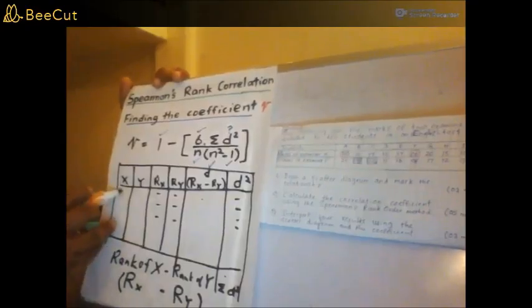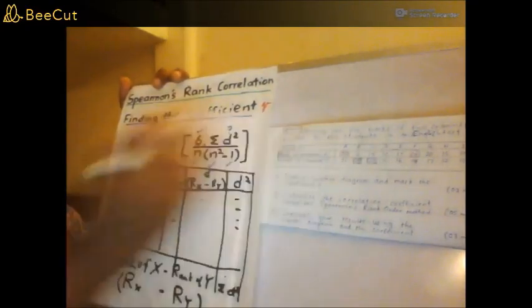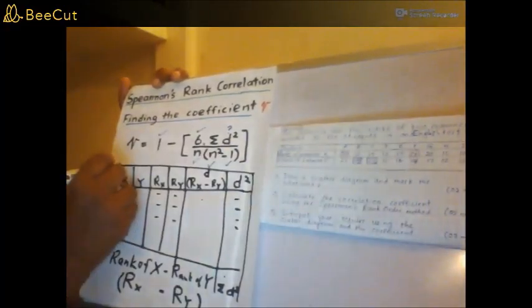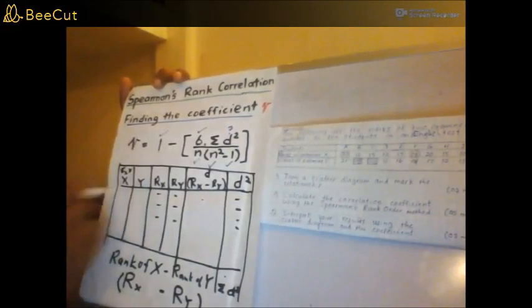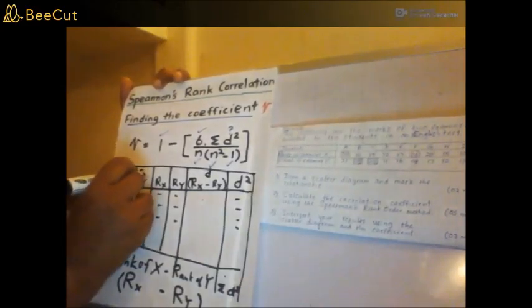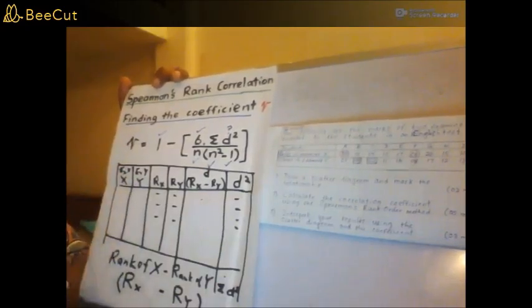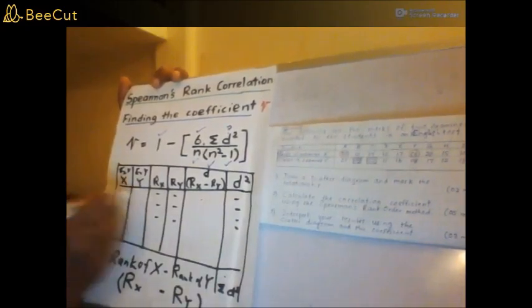What do we mean by x column and y column? Here, marks of examiner x, that is the x column. Examiner y's marks, here it is the y column. Here you have to write all the values.